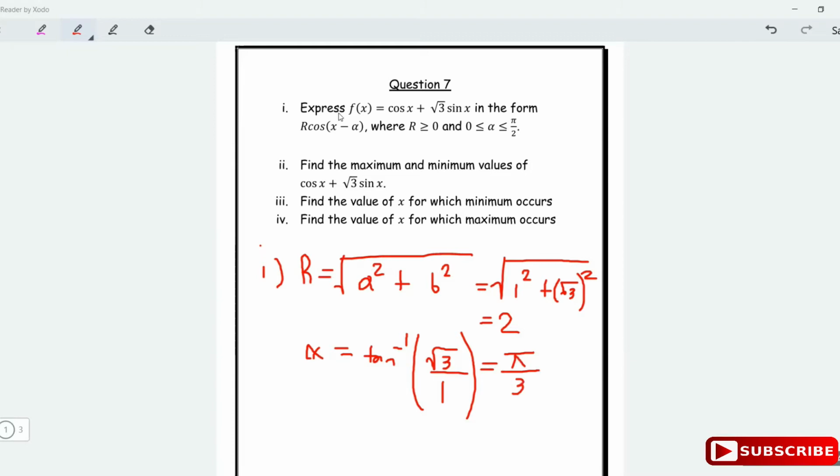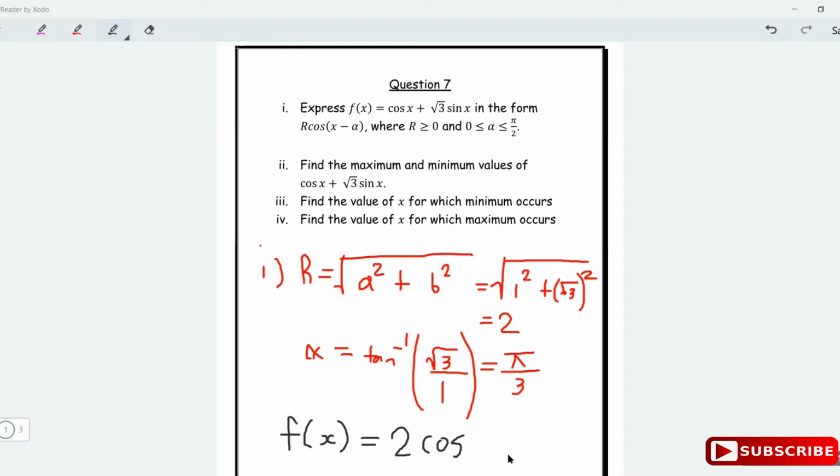So now we can express f of x in the RCos form. Let's write our answer. f of x is going to be equal to r, which is 2, so 2 cos of x minus alpha.